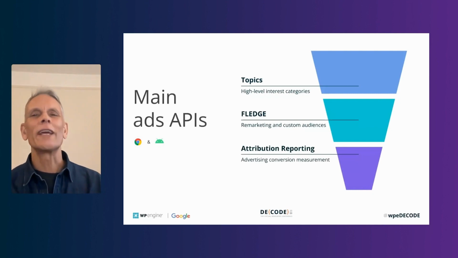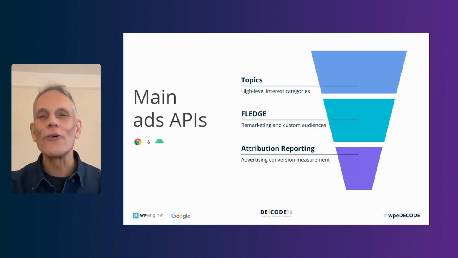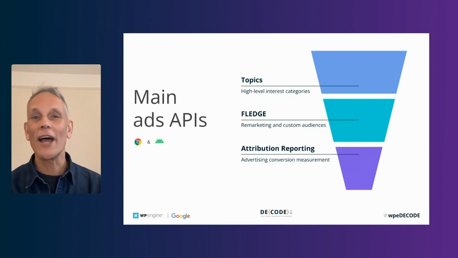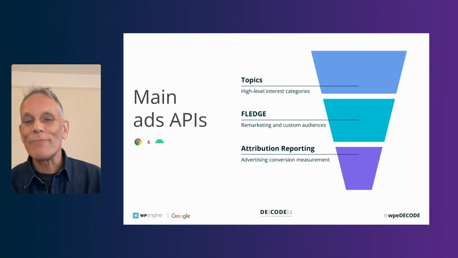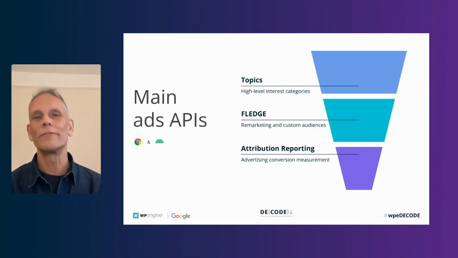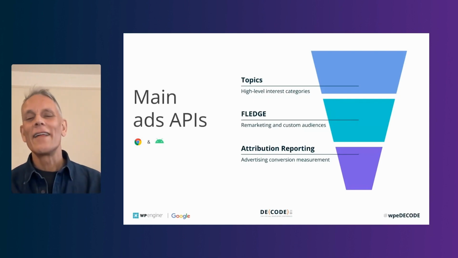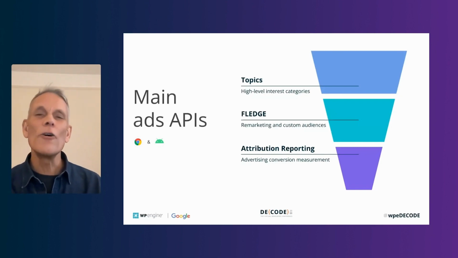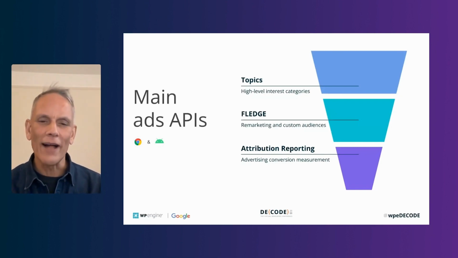Lastly, attribution reporting is Chrome's proposal for privacy-preserving campaign measurement, providing anonymized performance reports. And that's when people view or click on an ad and then later go on to complete a purchase or some other kind of conversion. So these APIs have been through a period of testing in Android and in Chrome on desktop and mobile.